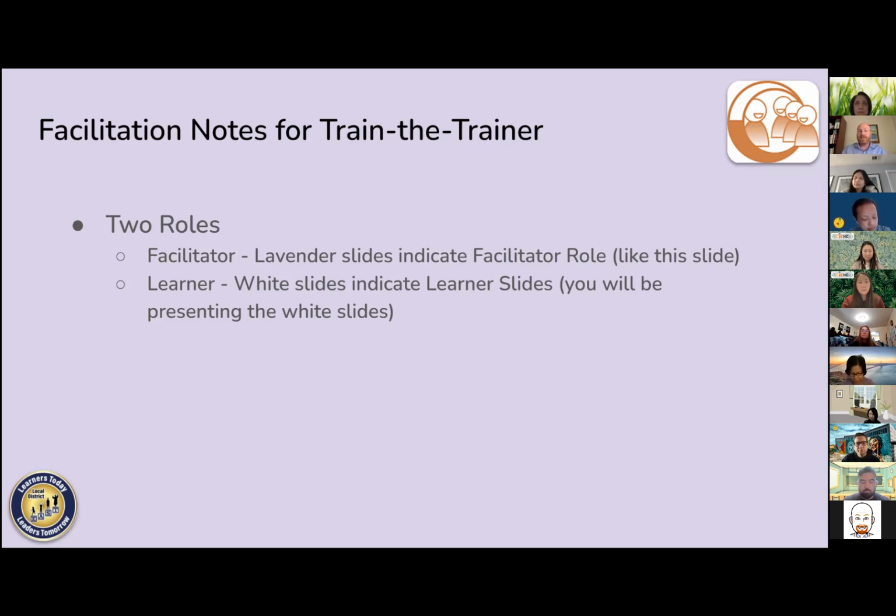The lavender slides are where we're reflecting as facilitators and planning as facilitators. The white background slides are where we're thinking in terms of being learners. And the white slides are the ones that you're going to be presenting. When you present, you won't present the lavender slides.